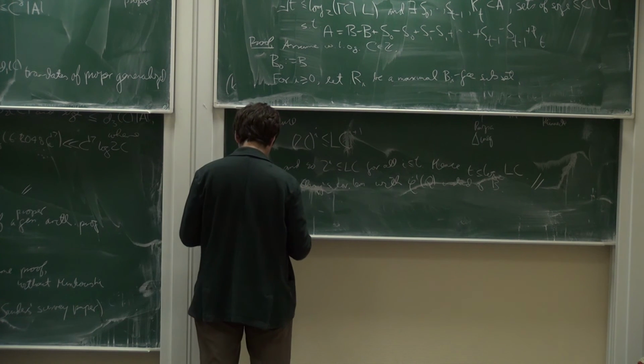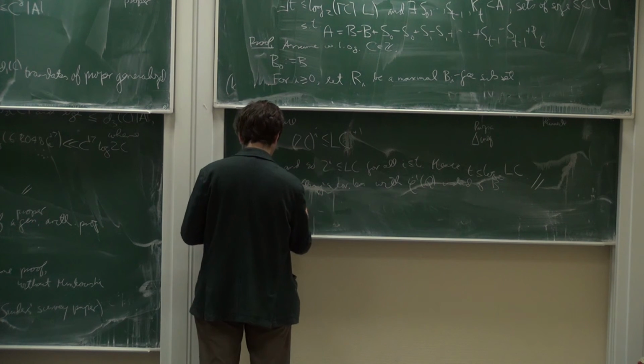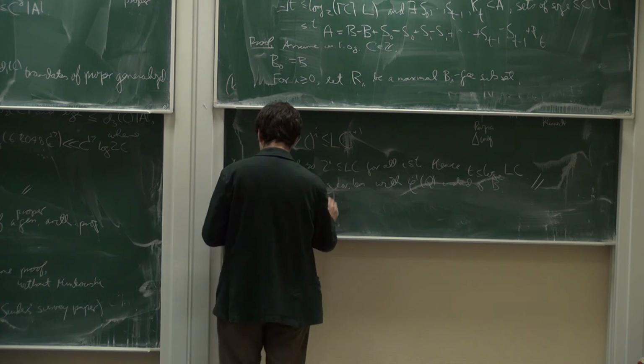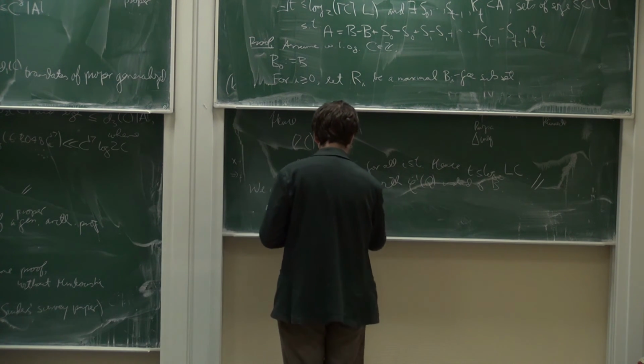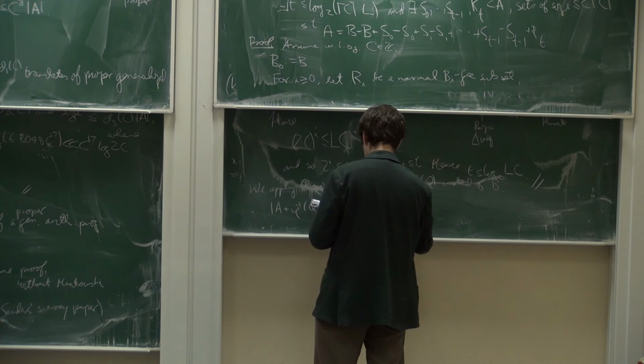So we have A plus phi minus 1 over Q is at most, again, 3A minus 2A, which again is at most C5 A.